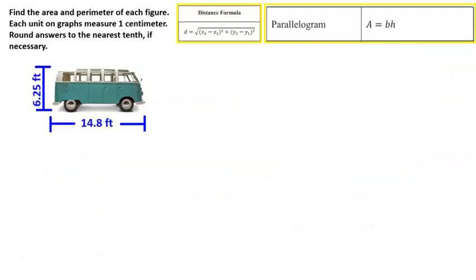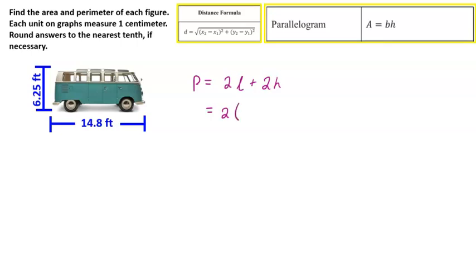Now let's go ahead and take a look at a real-world example. So we have this van here, and they're giving us the length and the height of this van. So we've got perimeter is just going to be 2 of our length and then 2 of our height.